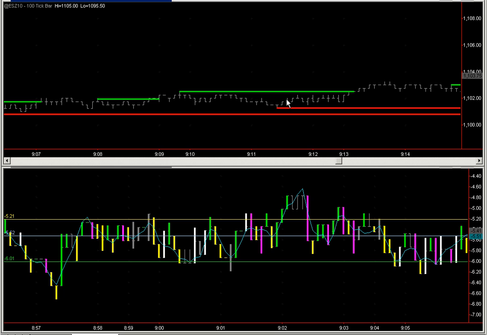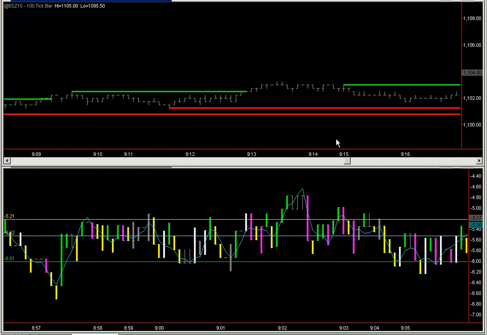So if you were in a short, there'd probably be no reason to hold on to it. Get out because of the fact that that information was telling you of a strong probability that the Spoos are going to retrace. So that's how you use the information.